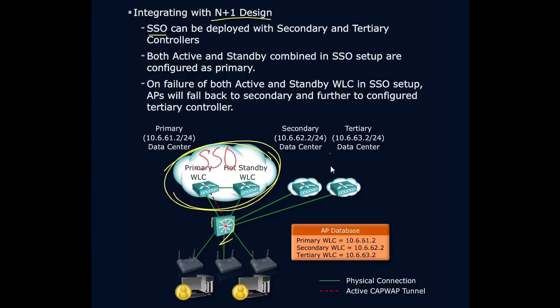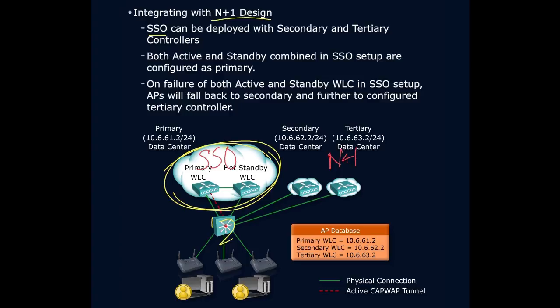Over here, we have our N+1 design. Now, we can marry these together by saying our SSO shares the same type of information, an automated, dynamic process, the stateful switchover process.